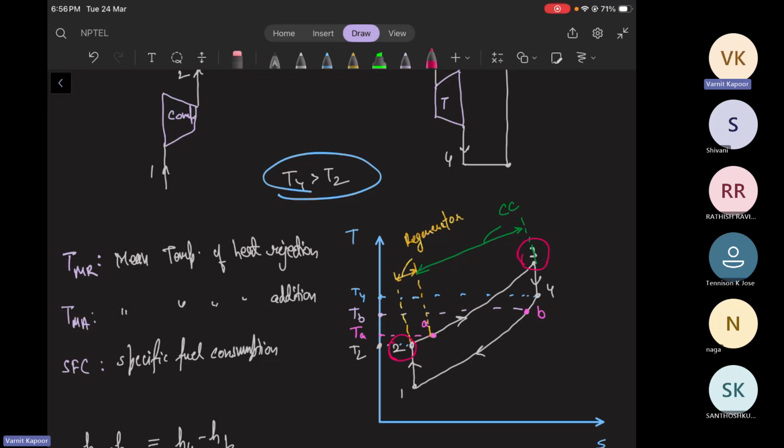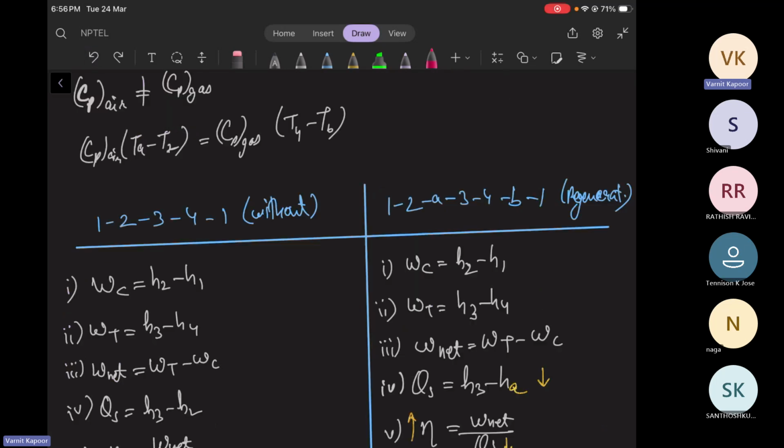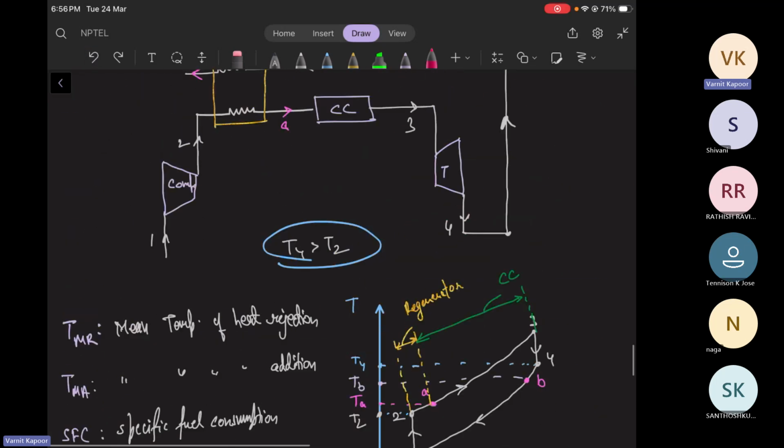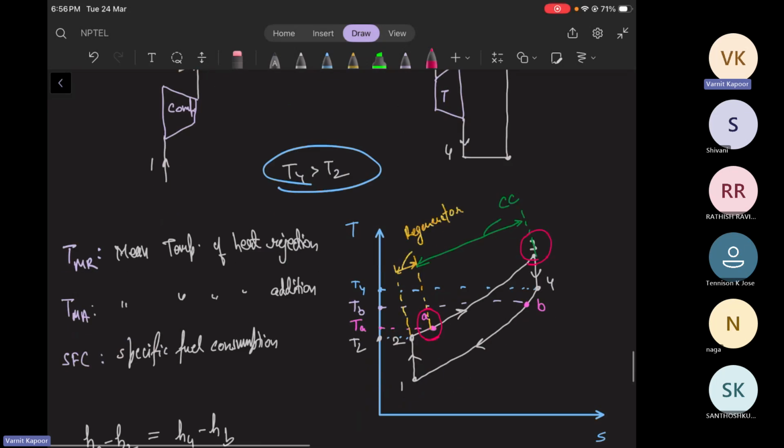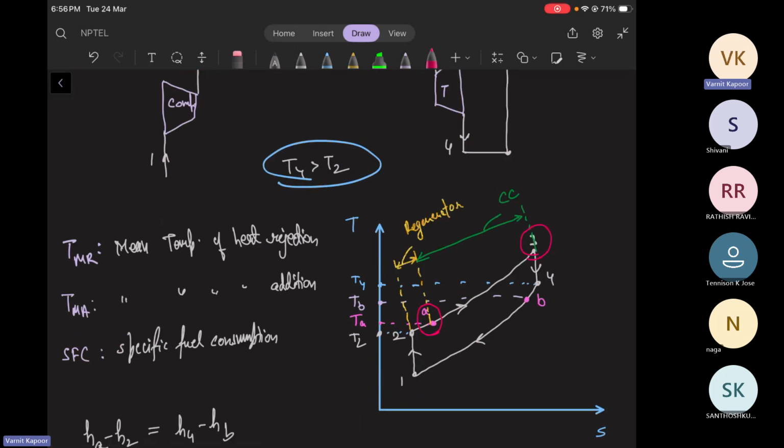But now the heat is being added after the regeneration, from temperature A to temperature 3. Temperature A is higher than temperature 2. So let us say temperature A is 200 and temperature 3 is 500 itself. So 200 plus 500 is 700, and divided by 2 is 350.